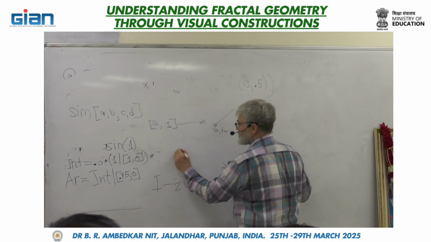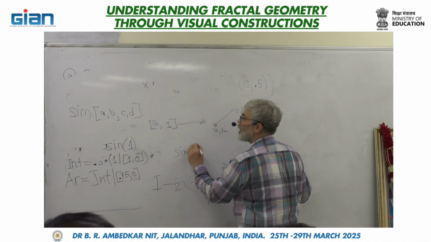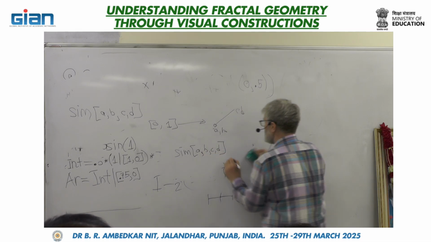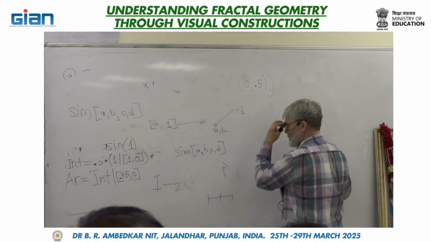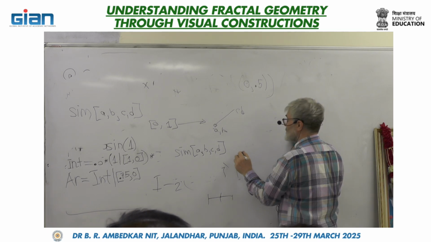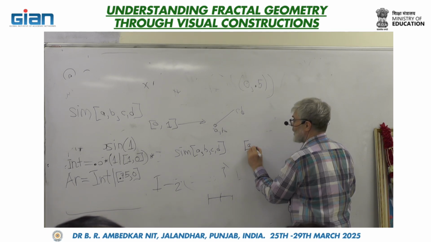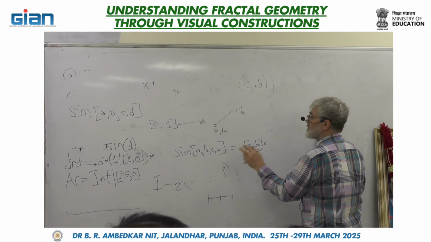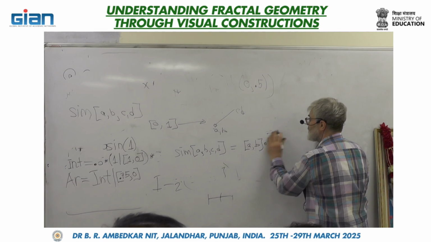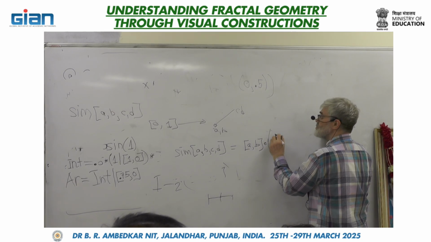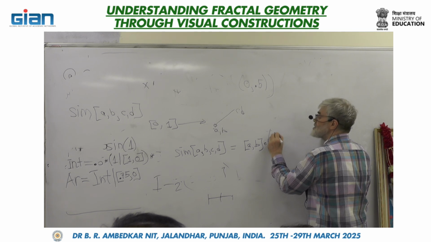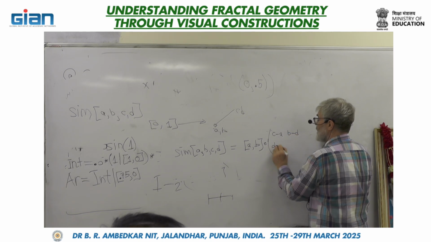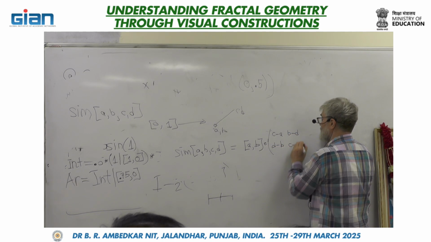It is the following way: sim of A, B, C, D is a translation by AB, and composition with a matrix. A matrix will be C minus A, B minus D, D minus B, C minus A. Right.